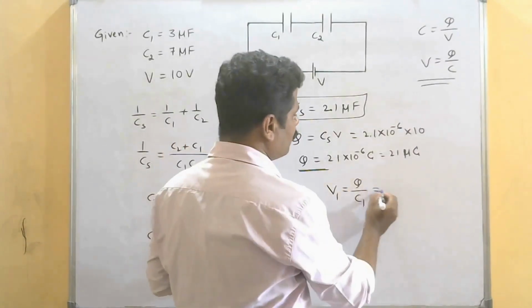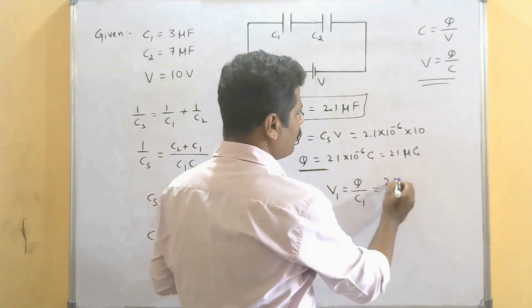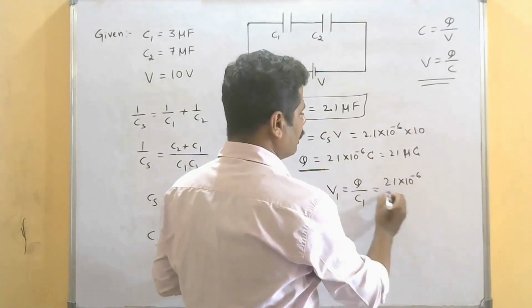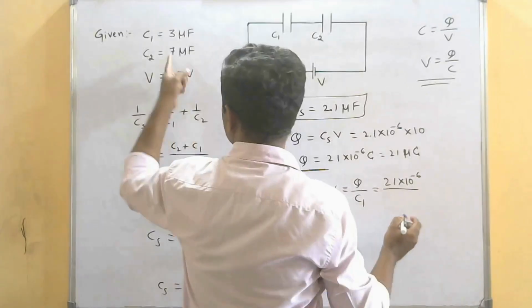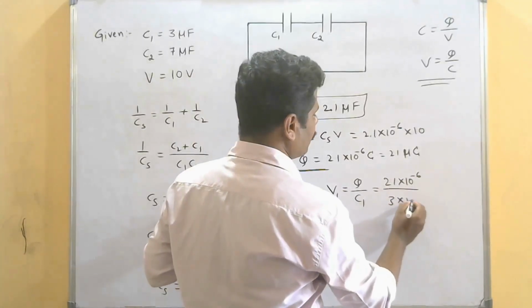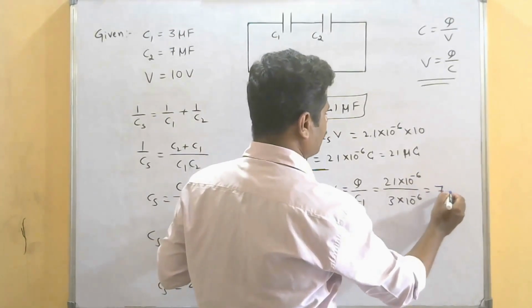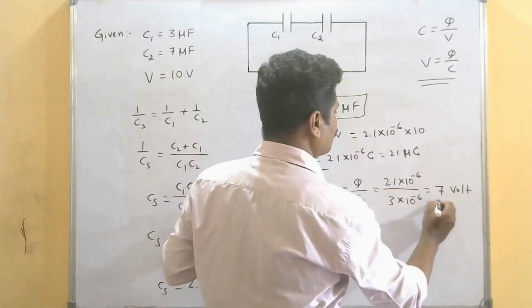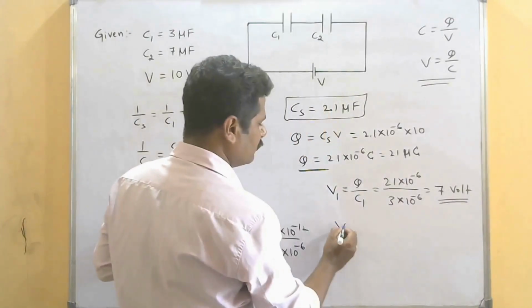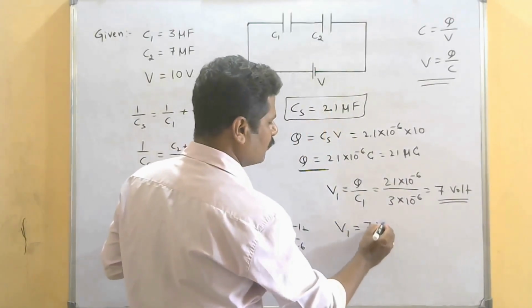Here Q is 21 microcoulomb divided by C1, which is 3 microfarad. So this is equal to 7 volt. V1 is equal to 7 volt.